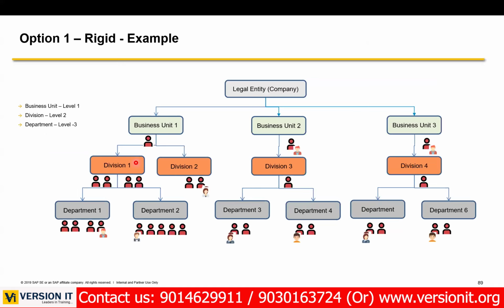Rigid means a fixed and mandatory structure. Cost center should associate with department. Department should associate with division. Division should associate with business unit. Business unit should associate with legal entity. This is SAP's recommended practice, but it's not mandatory.